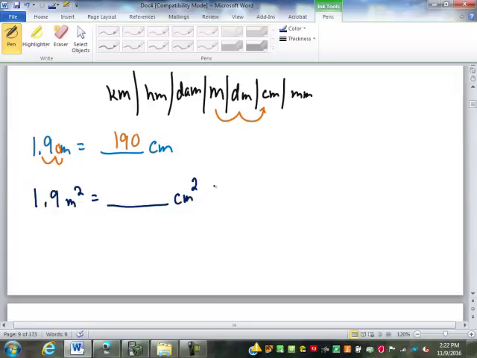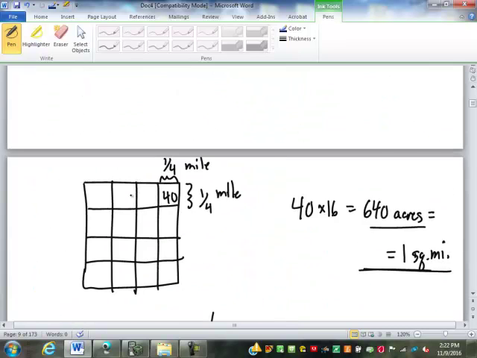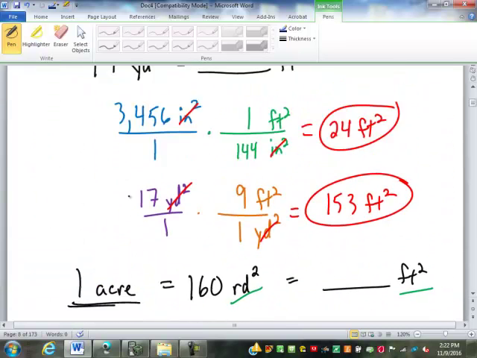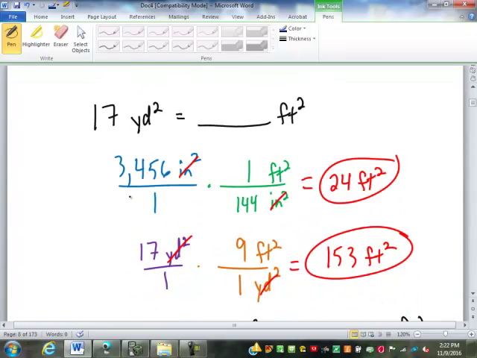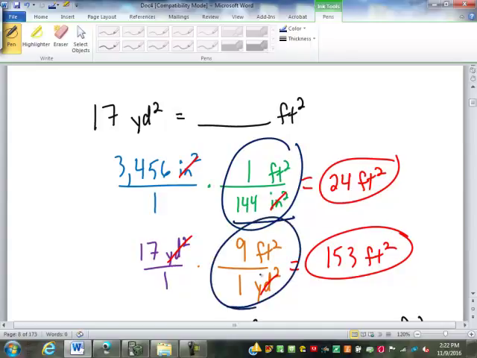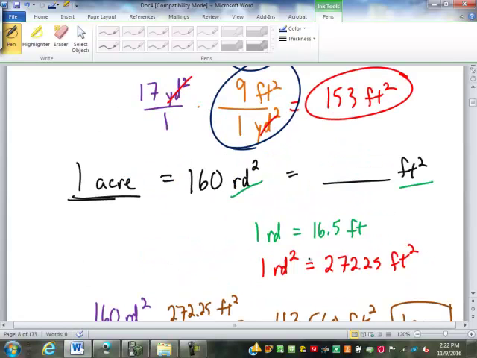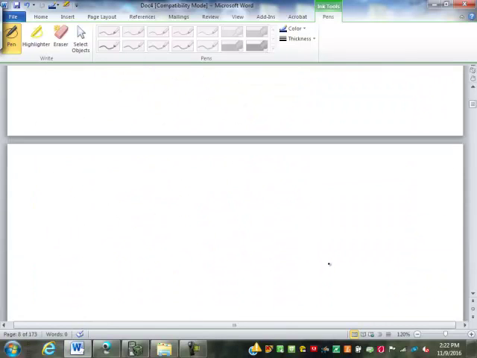In the standard system, each one of our conversions was squared. 1 foot is 12 inches, but 1 square foot was 12 squared, or 144 square inches. 1 yard is 3 feet, but 1 square yard is 3 squared, or 9 square feet. So the same thing's going to happen down here with our metric system.